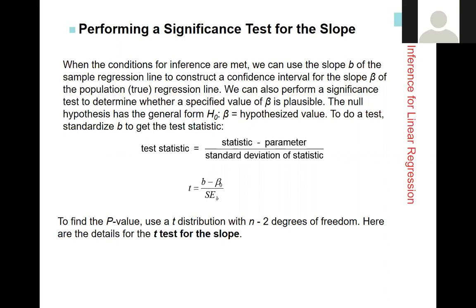So, for example, if we wanted to know whether there was a positive association or a positive relationship between these two variables, then our null would be that the slope is 0, and our alternative is that the slope is greater than 0. So we see whether we have a positive slope and therefore a positive relationship between two variables. So that is what our null and alternative usually end up being.